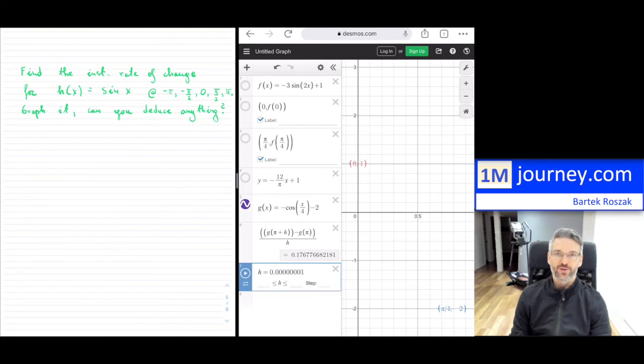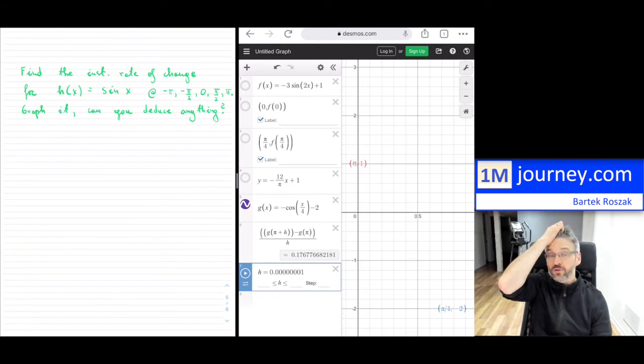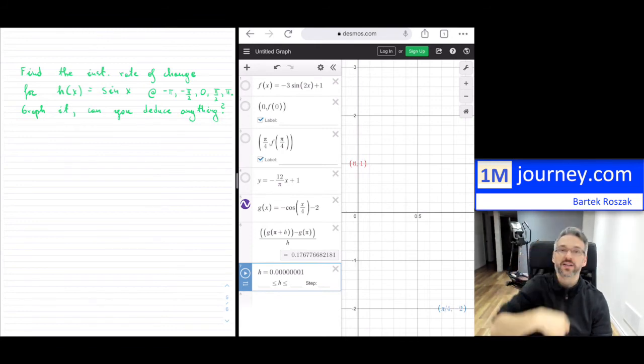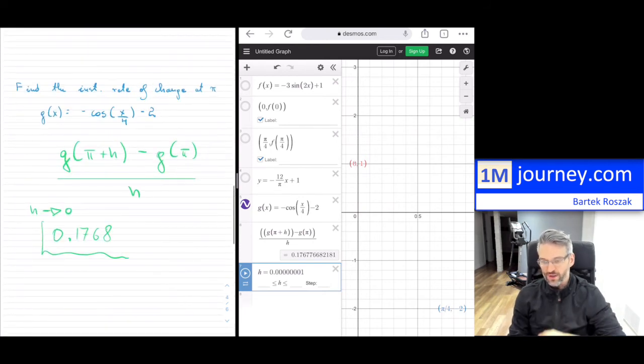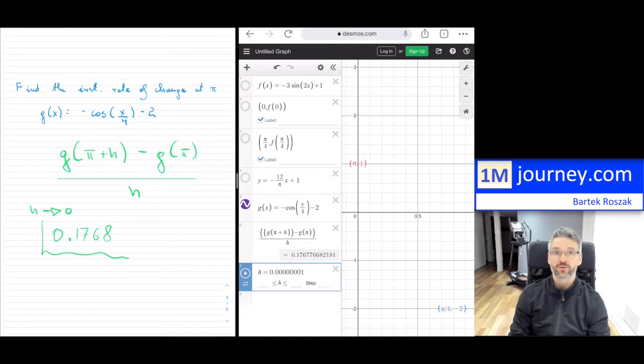Derivative is a little nicer to speak of, but the derivative tells you what it is at all the points. Instead of doing this every single time at a particular point, you find a function, the derivative, and it gives you, for any x, the instantaneous rate of change. You can just plug it in.